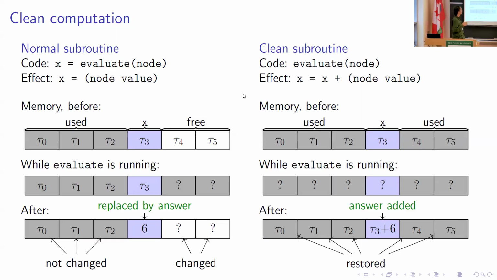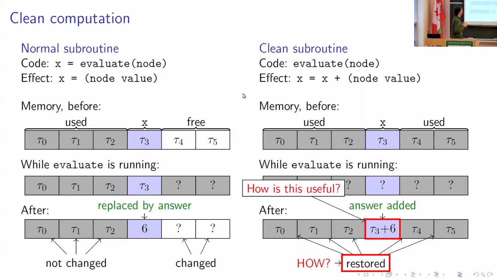So if it started out with tau3 in it, now it has tau3 plus 6 in it. And this is really weird. There are 2 weird things about this. First of all, I've said that the subroutine restores the memory to the way it started. So that means all the changes it's making are reversible somehow. So it's not clear what the point of all that memory was, like how that could be useful.